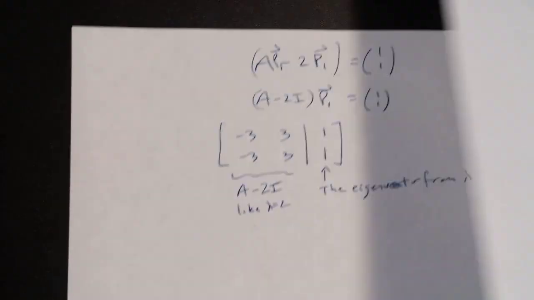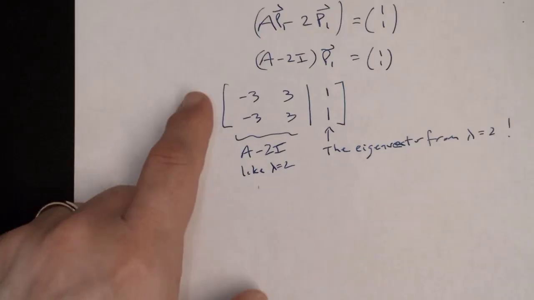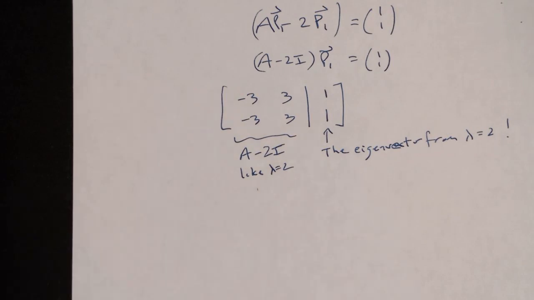So this new matrix is creating what is called a generalized eigenvector. We're adding something extra to the eigenvector we had before, and that's going to make it be, quote, independent. It's going to point in a different direction. Do the reduced echelon form on this. What do I get?